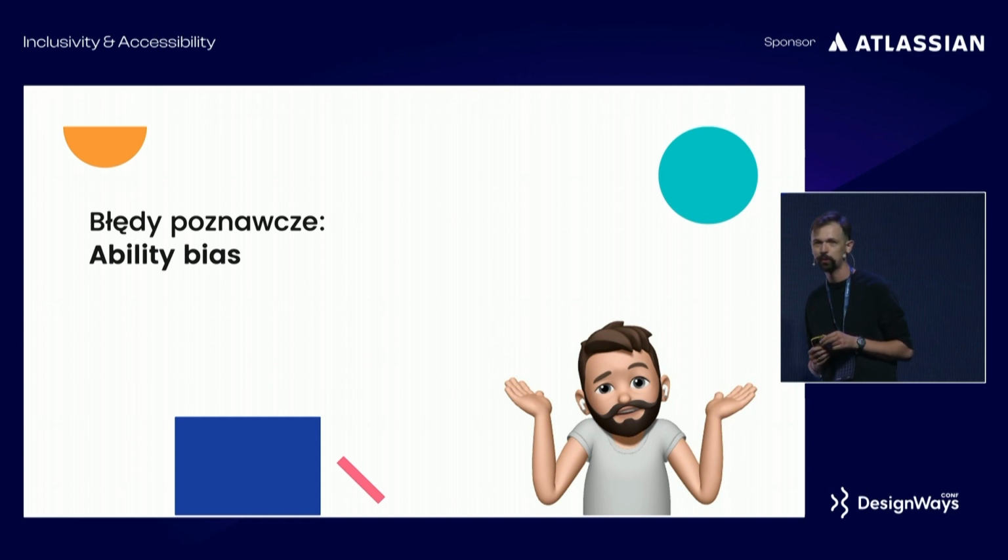We are going to focus on ability bias, and it's in the back of all of our heads, but we don't realize that, and this unawareness often causes exclusion. We assume all of our recipients and users are going to use the product the same way or have the same abilities regarding using the product.